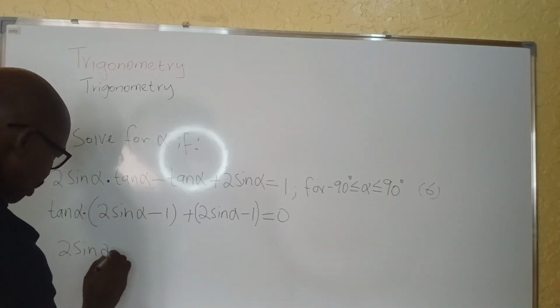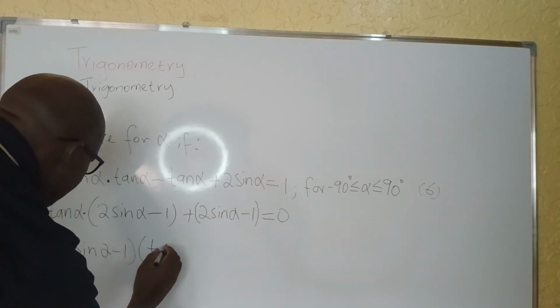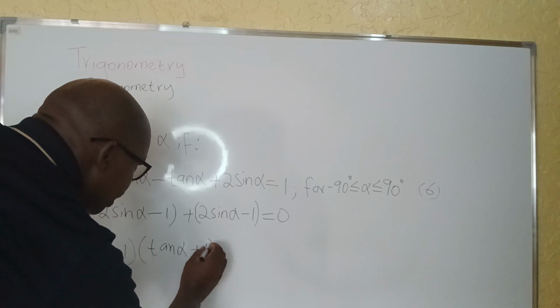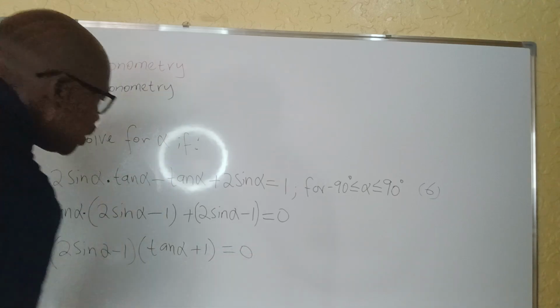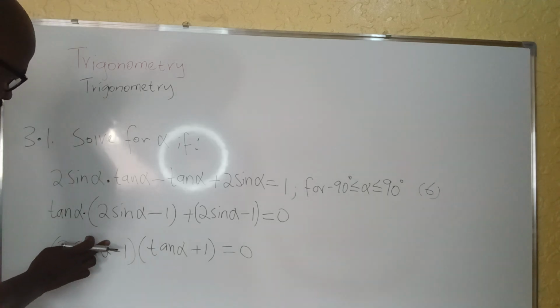On this side you have 10 alpha, and then you have plus 1. Okay, it's equal to 0. That's it. Then you carry on, you don't end it there.